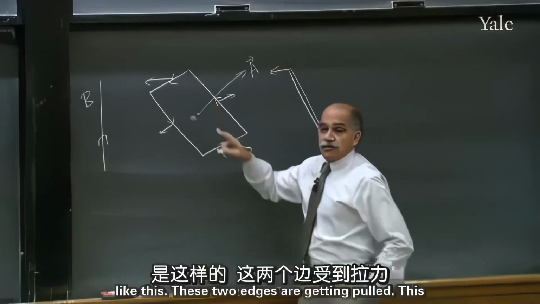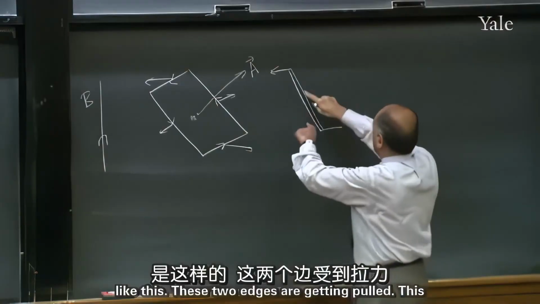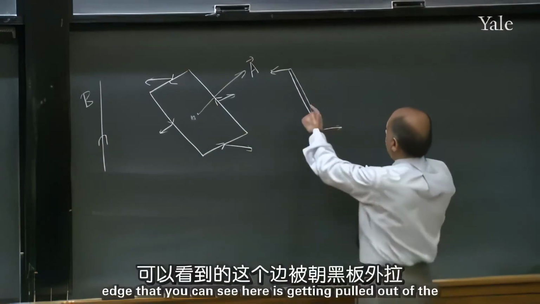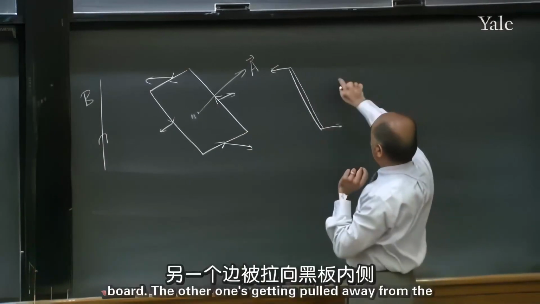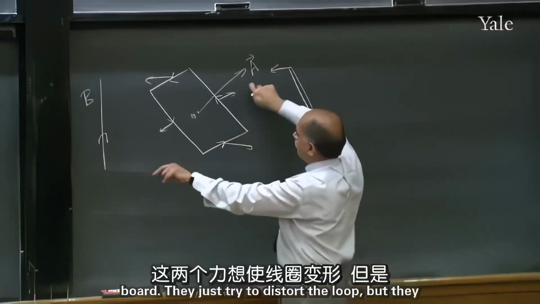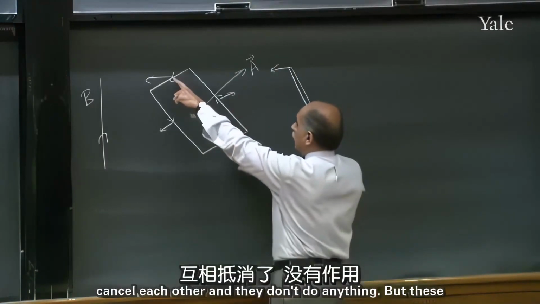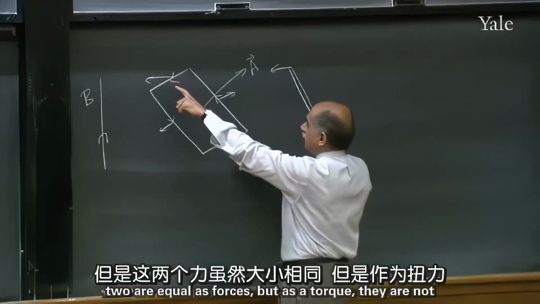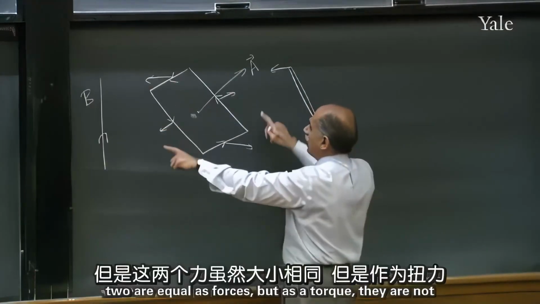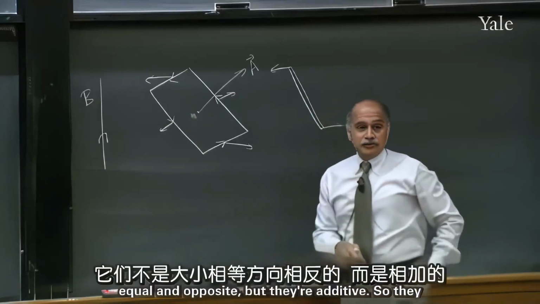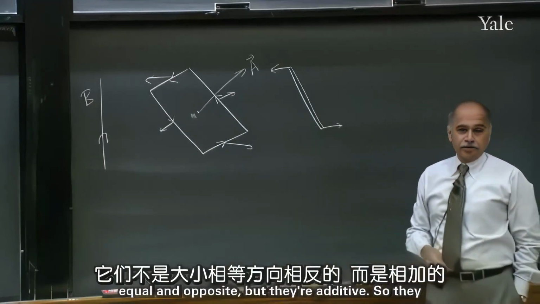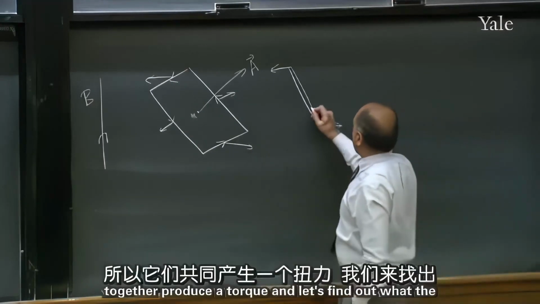These two edges are getting pulled. This edge that you can see here is getting pulled out of the board. The other one's getting pulled away from the board. They just try to distort the loop, but they cancel each other and they don't do anything. But these two are equal as forces, but as a torque, they are not equal and opposite, but they're additive. So together they produce a torque.